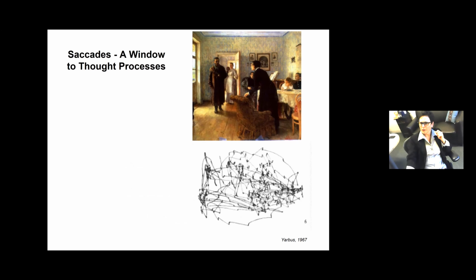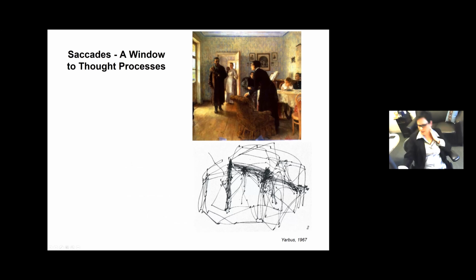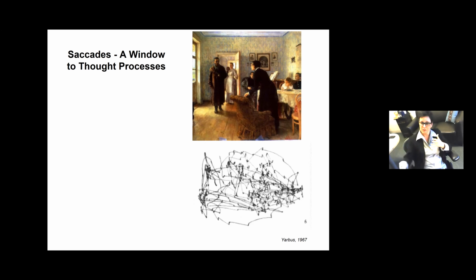So what Yarvis did, as I was saying, they looked about these four positions here, up and down, and they correspond to the positions of the faces of the people in this overlying image here. And the reason the pattern of eye movements looked like that was because Yarvis told his participants to report to him the ages of the people in the photograph. Had he given a different set of instructions, like estimate how long the visitor was away, he found an entirely different pattern of eye movements.